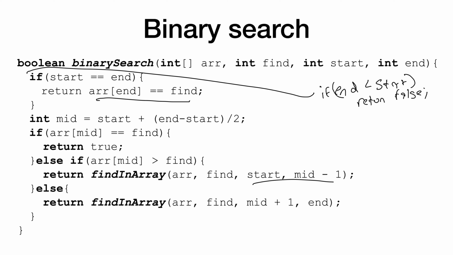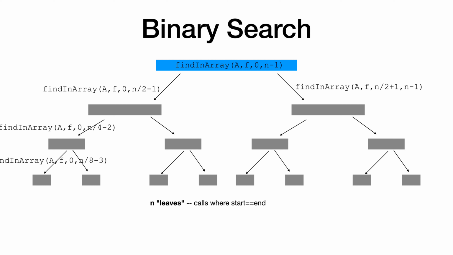So sometimes when we look at recursion, we look at what's called a call tree or a stack, right? So this is sort of what the binary search call tree looks like. So we start with our initial call with the array, the find element that we're looking for, and the range is initially 0 to n minus 1.